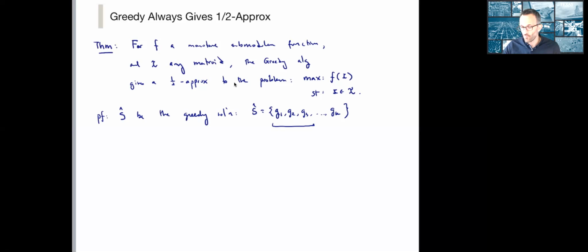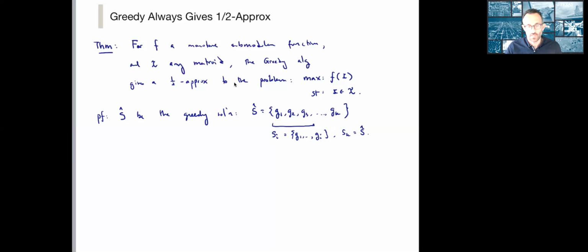In other words, I've ordered the elements in the order that the greedy algorithm added them. So Si is equal to G1 all the way up to Gi, and therefore Sk is the output of our greedy algorithm.